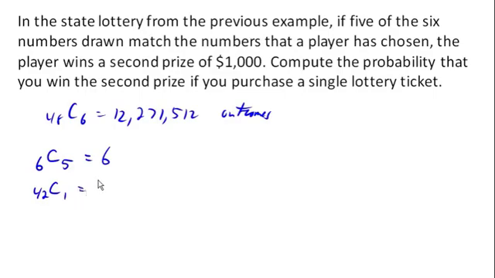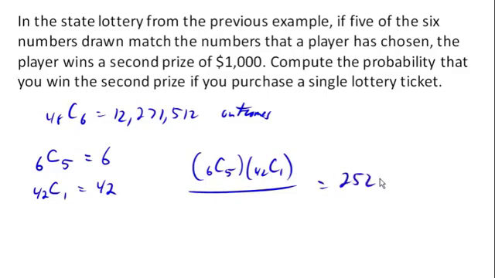So 42 times 6 is 252 different ways that we can match 5 numbers and not match the 6th, out of our 48 choose 6, out of our 12,271,512 total outcomes, and that gives us a marginally higher probability of winning, though it's still pretty small.